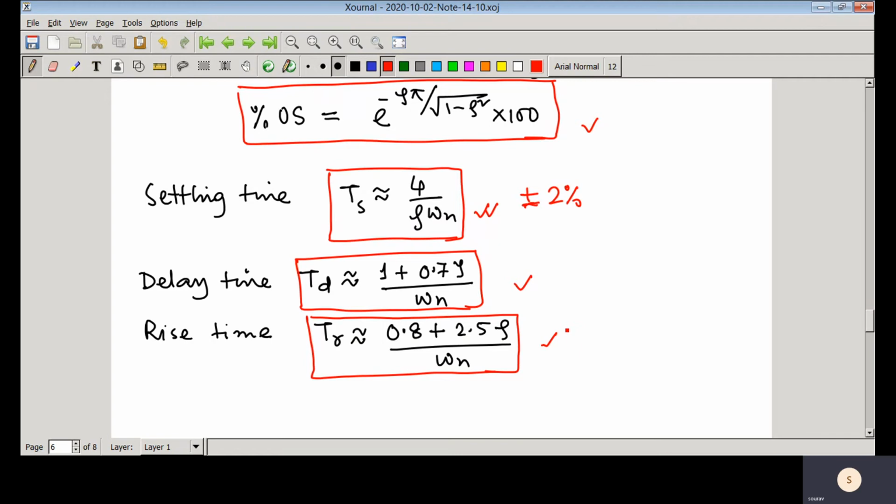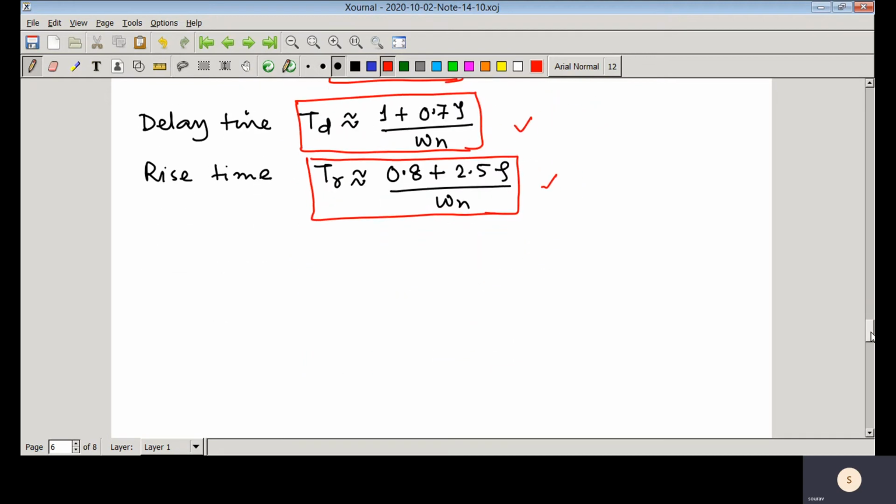So how can we get those relationships? If we have a second order transfer function and vary zeta, we get different delay times and rise times, and then by fitting a curve we get the relationship, which is the one given here for delay time and rise time.